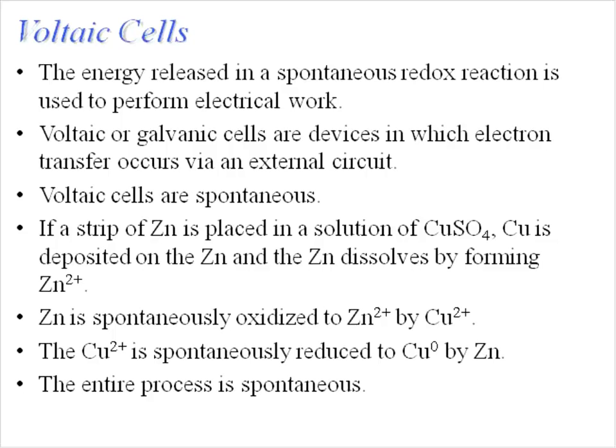So zinc and copper both are metals, and one would say that all metals like to lose electrons, but there is a degree of this aspect. Who wants it more desperately? Copper is getting deposited on zinc.